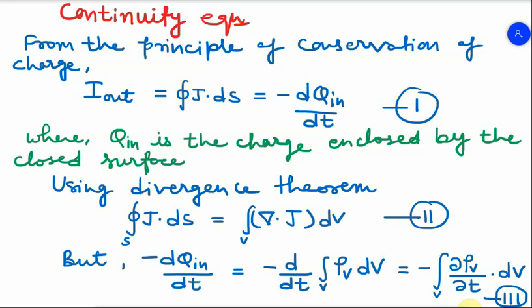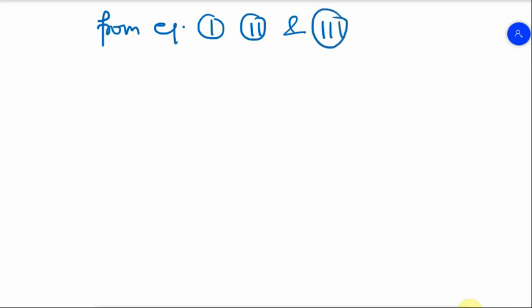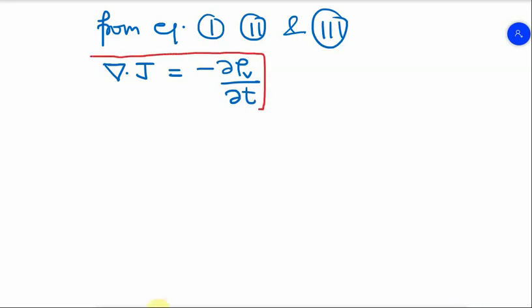So from equations 1, 2 and 3, if we compare, del dot J equals minus partial rho_v upon partial t. This equation is the continuity of current.